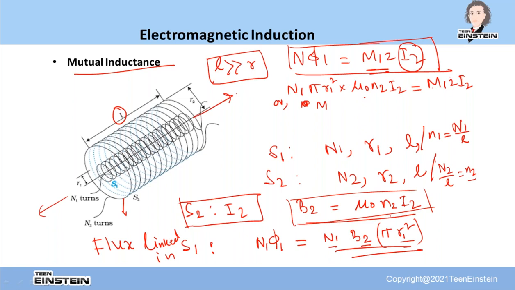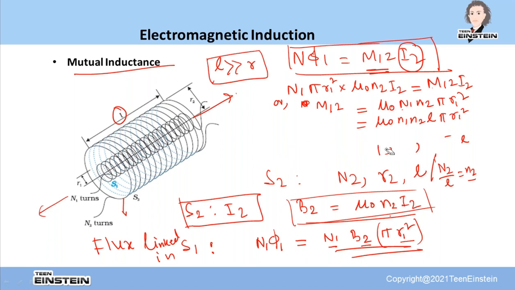If I just compare both sides, M12 will be mu 0 capital N1, then small n2 pi into r1 square. If you want to write small n1 you can, but in that case you have to multiply by L, because I have to divide by L. So this is pi r1 square. So this is the value of mutual inductance in this case.